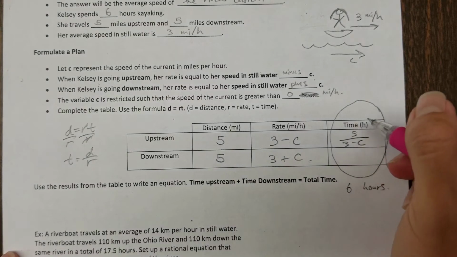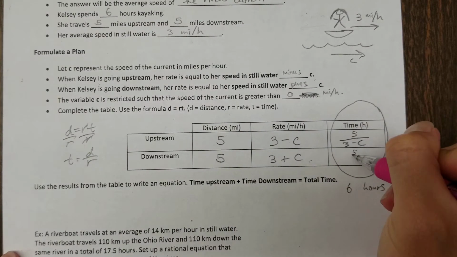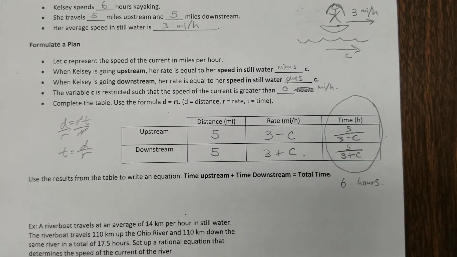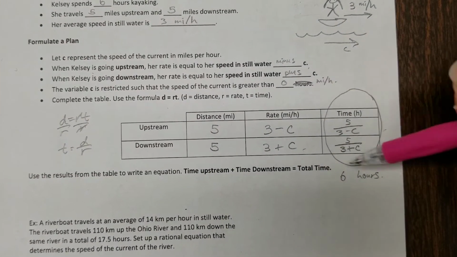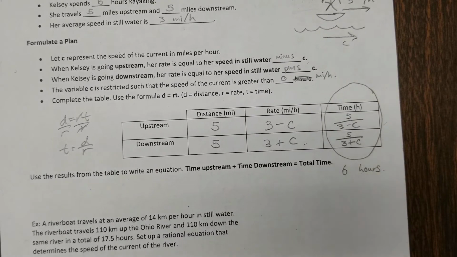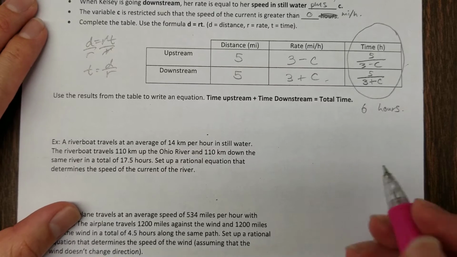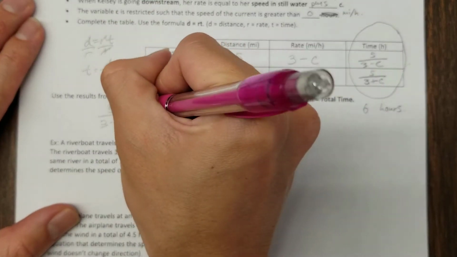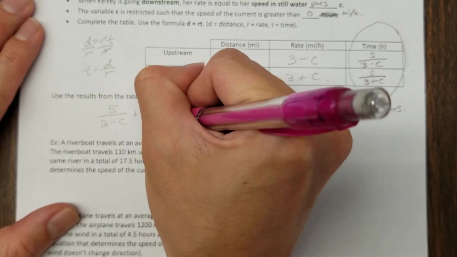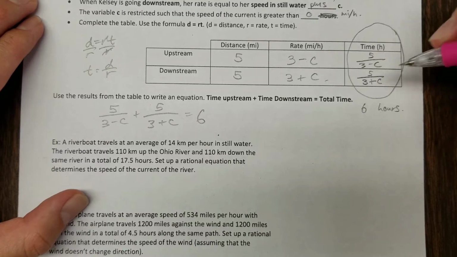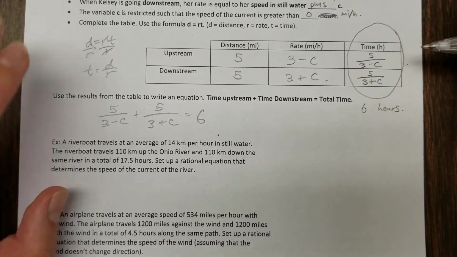And going downstream, it's going to be 5 divided by 3 plus c. And the total amount of time that she takes is going to be 6 hours. So if I were to write that, this is 5 divided by 3 minus c plus 5 divided by 3 plus c equals 6 hours. She takes a total time of 6 hours.